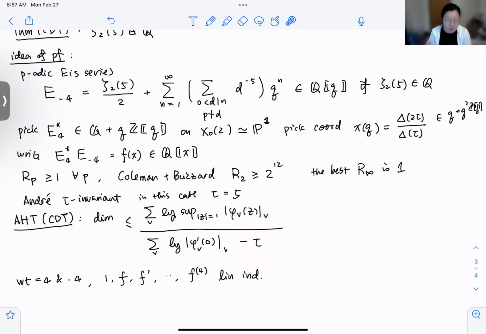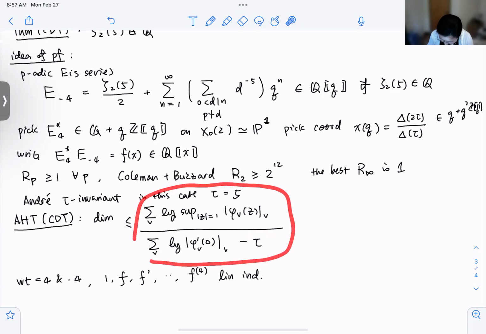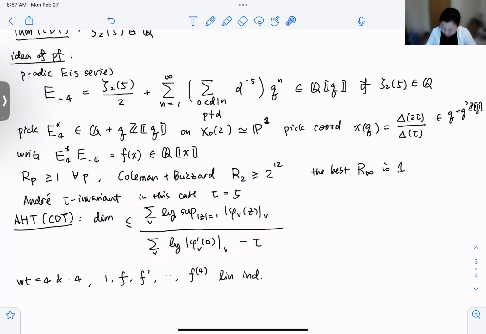Okay, so one thing I forgot to say is that this bound only makes sense if the denominator is positive. It's a similar condition as, let me actually put, if we have... okay, so we want the denominator to be positive for everything to make sense.